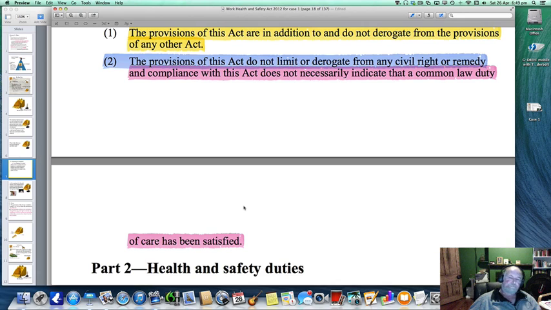So the thing to remember is that not only can that person recover under workers' compensation, but the organisation will be prosecuted under the Act, a bit like criminal law, for not having done what it's supposed to have done in the first place.